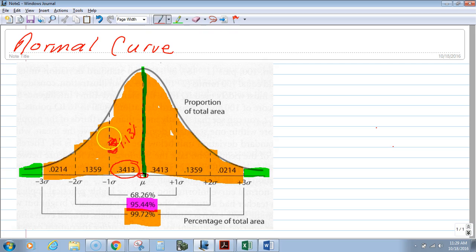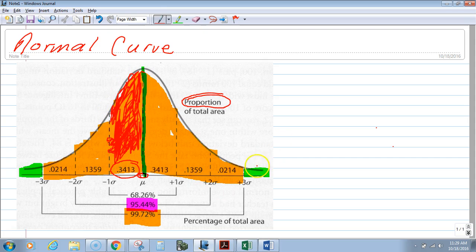If this was just 100 students that took this test, 34 would have fallen in there. So we talk about it as proportion, we talk about it as area. Percents we can also talk about as probabilities. What is the probability that you will score in this area? It's going to be 34%, and we'll get into that when we talk more about probability. I don't know if that'll be this year or next year, but probabilities are fun. So there's just so much you can do with the normal curve.